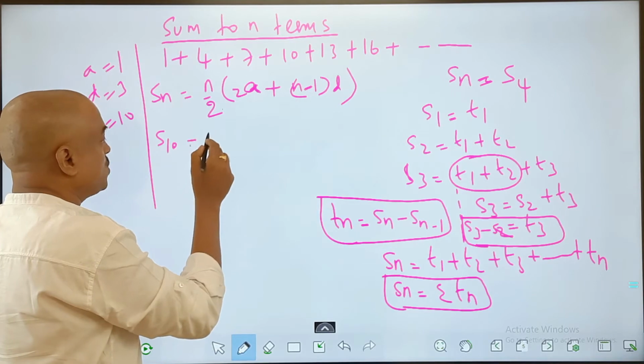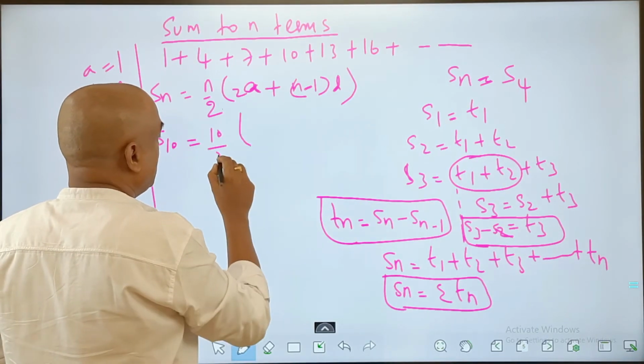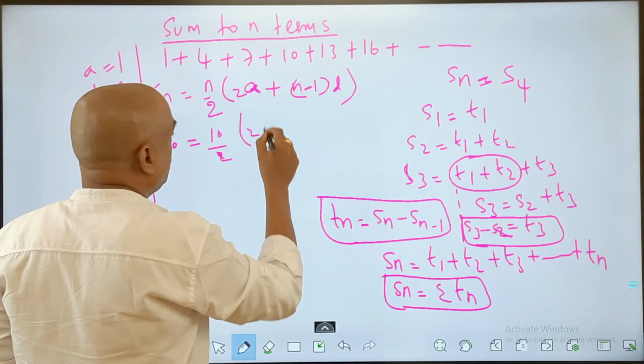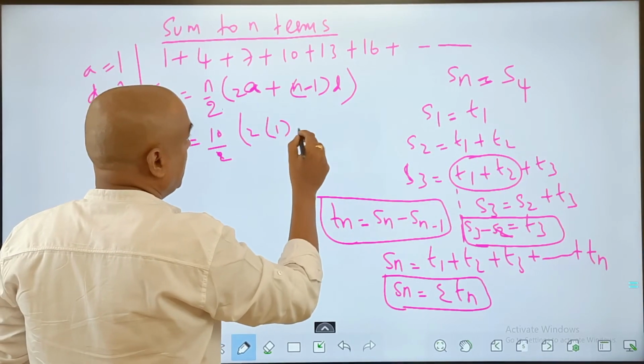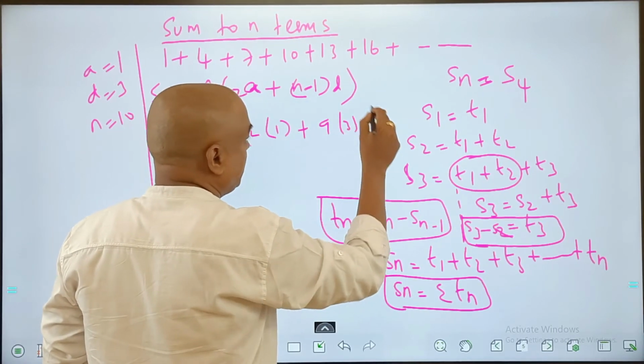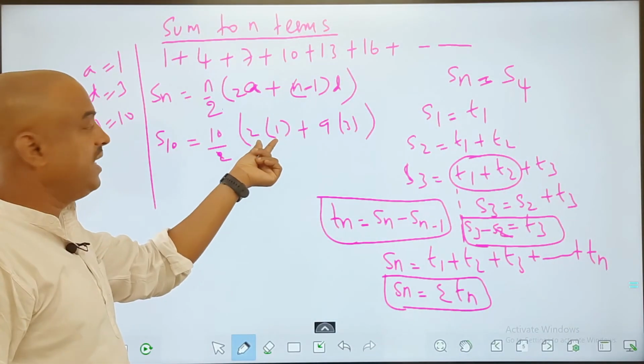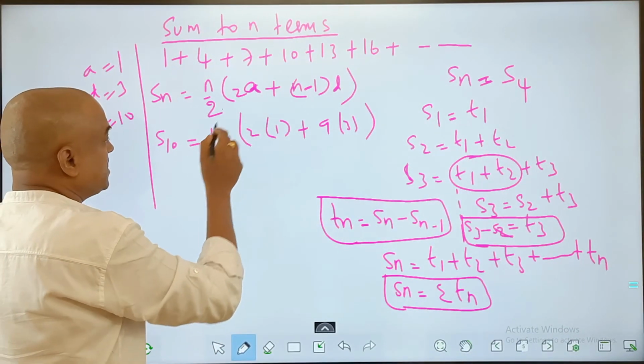S10 is equal to 10 by 2. Here next is 2 into a, that is 2 into 1, plus (n minus 1), that is 9, into d, which is 3. So this is 27 plus 2, 29, and this 10 by 2 gets cancelled to 5.